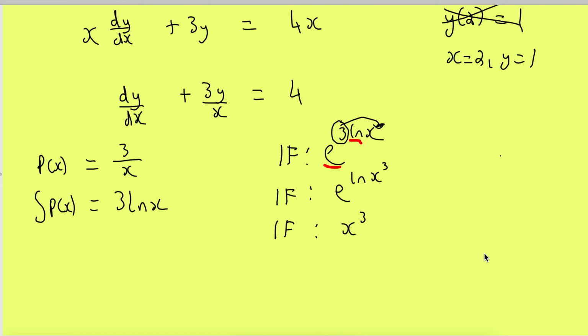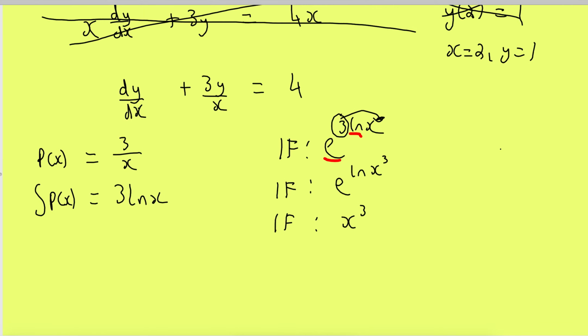So then we multiply both sides of our differential equation by the integrating factor. But I'm not going to use this one because that one was in the wrong format. I need to use the one that was in the correct format for this method. So I'm going to multiply everything by x cubed.